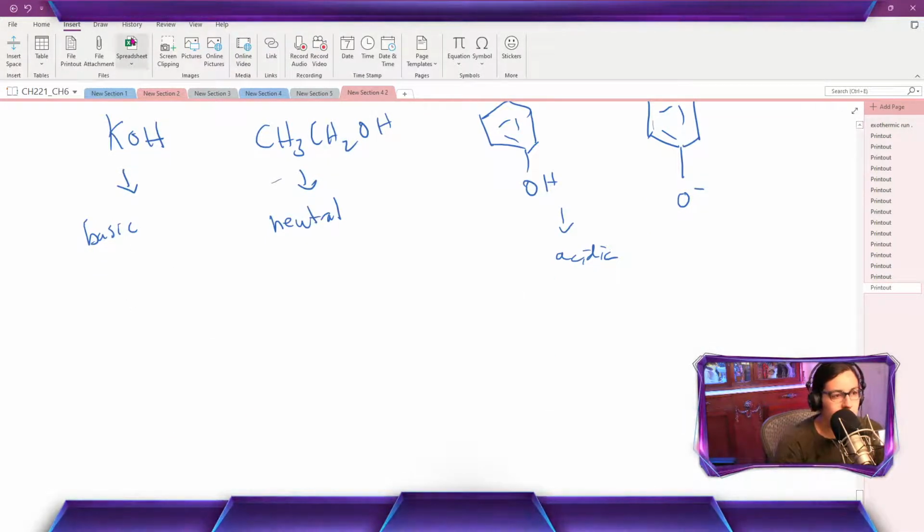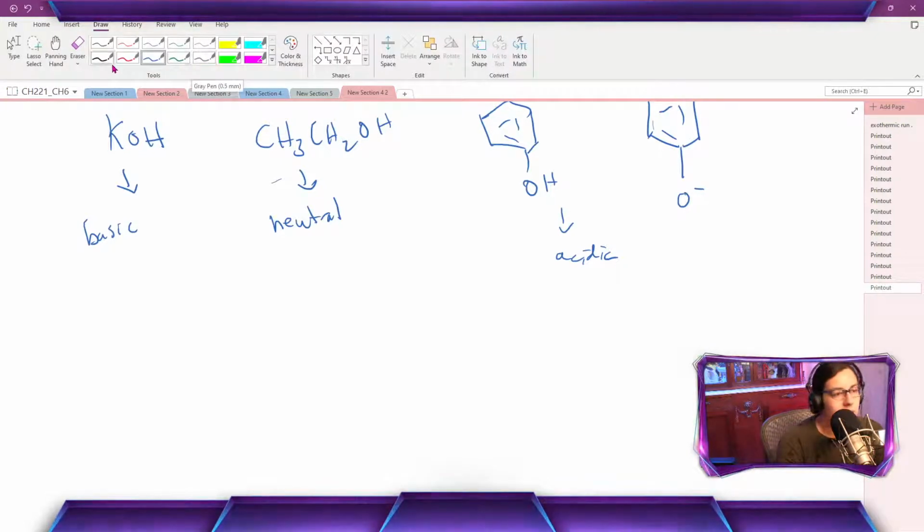So the last thing I want to go over is our boiling points. So we have to rank them.